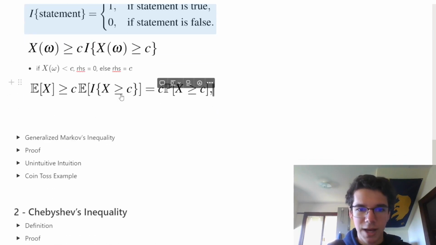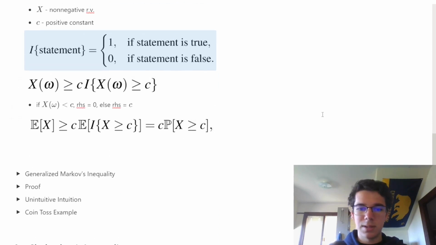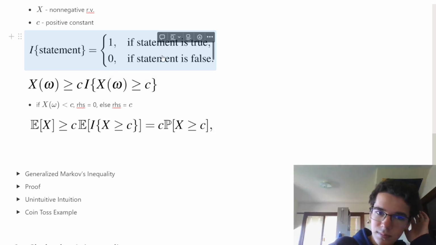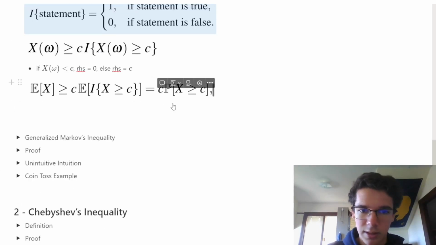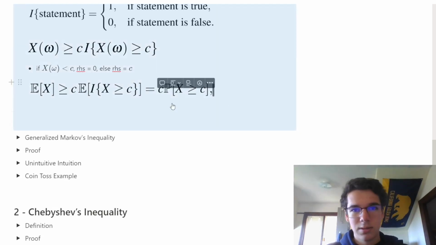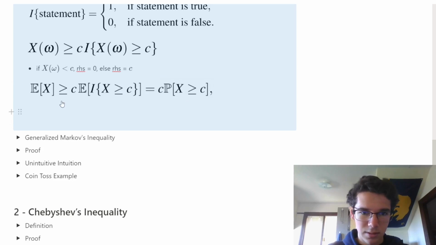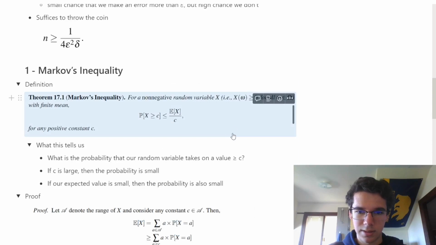So the expected value of an indicator random variable is just the probability that the statement is true, that the indicator takes on the value 1. I feel like I'm saying a lot of the same things in slightly different ways, just to solidify the point. So again, this turns out to be the same inequality. This is greater than or equal to this, which we can manipulate to look like that.